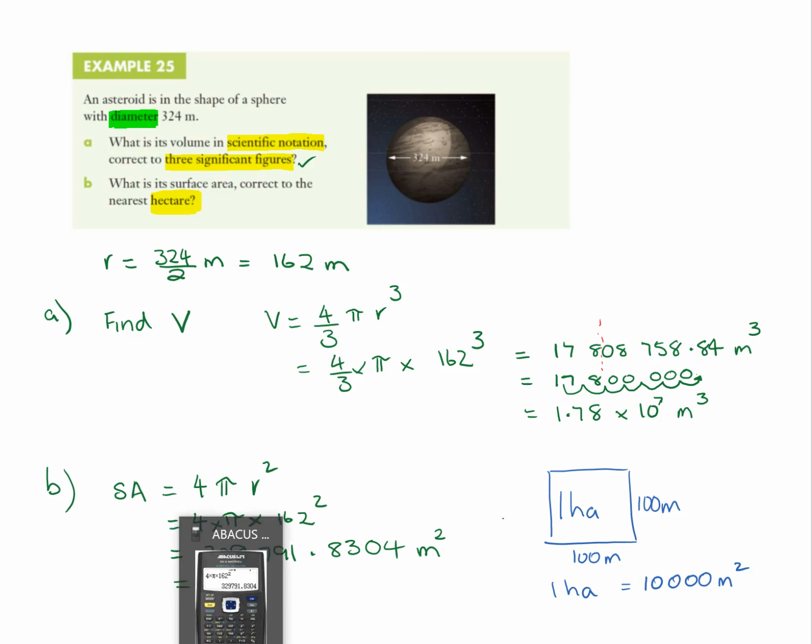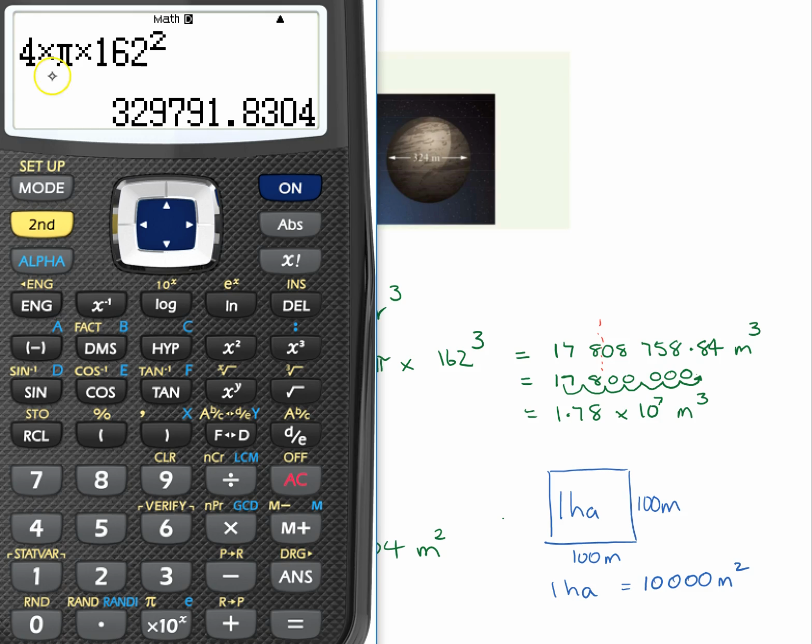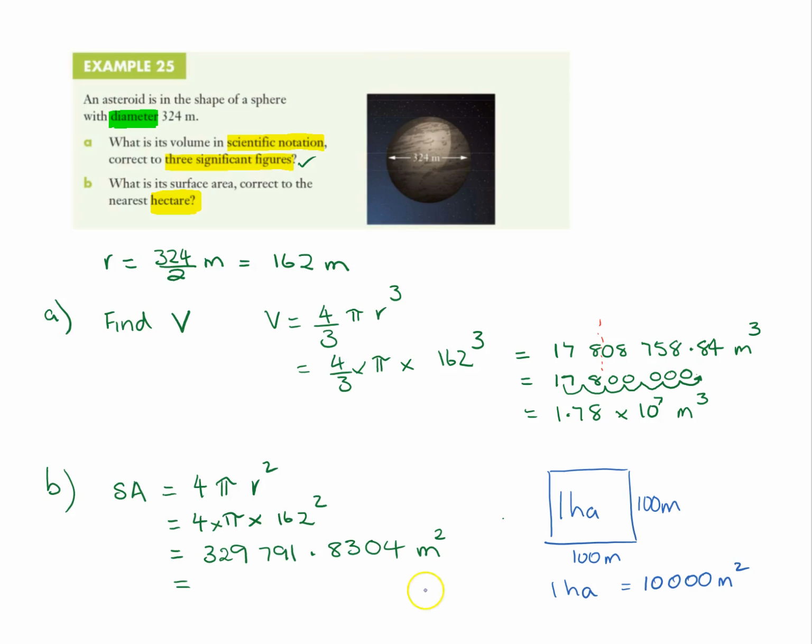You can see from the calculator, 4 times pi times 162 all squared is this 329,791.8304. To the nearest, we're going to cut off here, which is cutting off the 8. That will impact on the 1, so it'll become 329,792 meters squared.